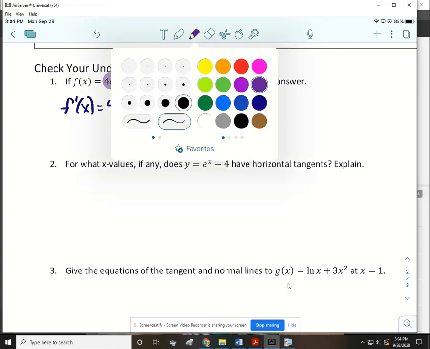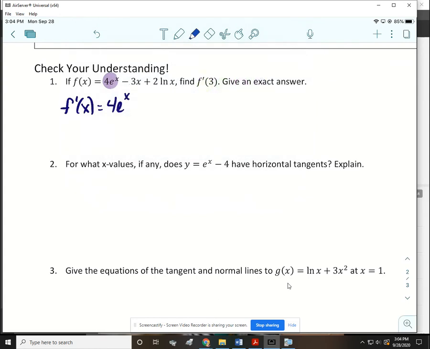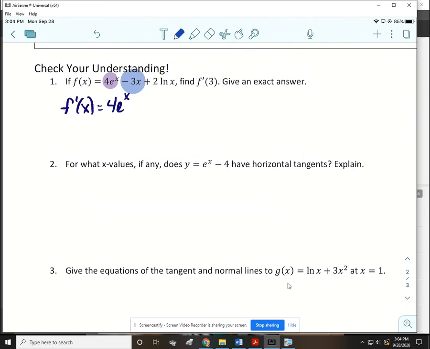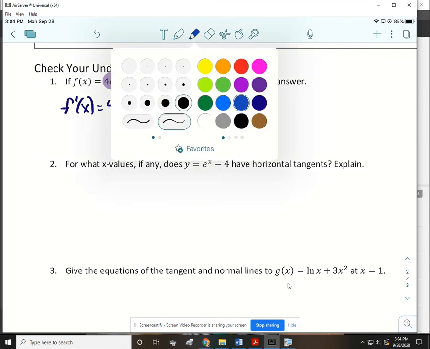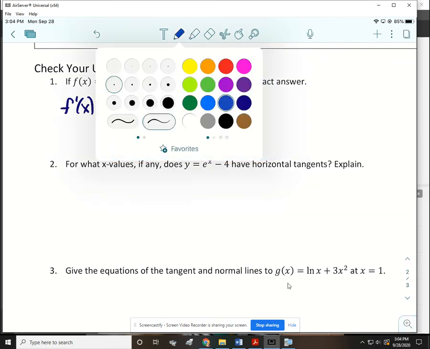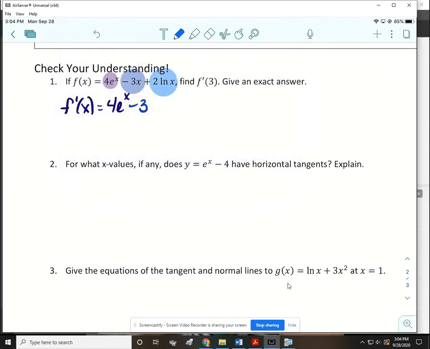All right, and then we'll go to the next term. We'll find the derivative of minus 3x. That's just going to be negative 3. And then lastly, we'll find the derivative of 2 ln of x. The derivative of ln of x is 1 over x, so the derivative of 2 ln of x is going to be 2 over x.